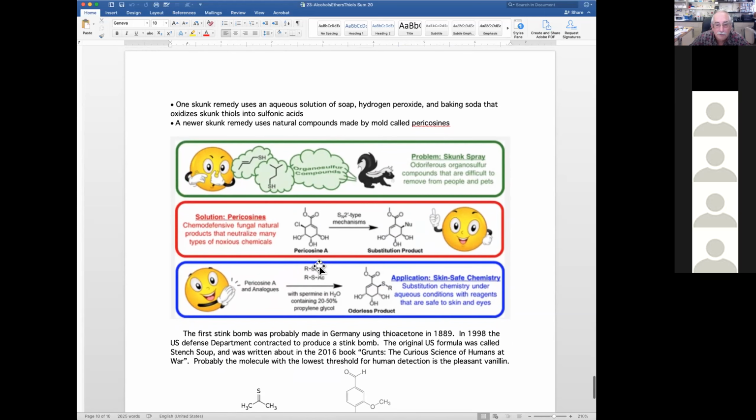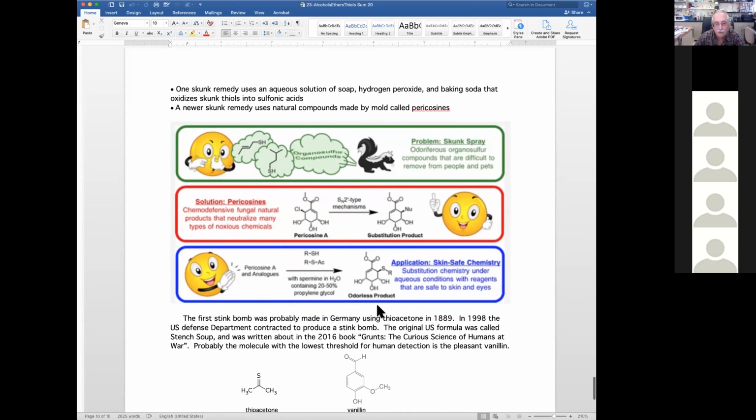So in other words, the thiol over here ends up onto this anti-skunk molecule.